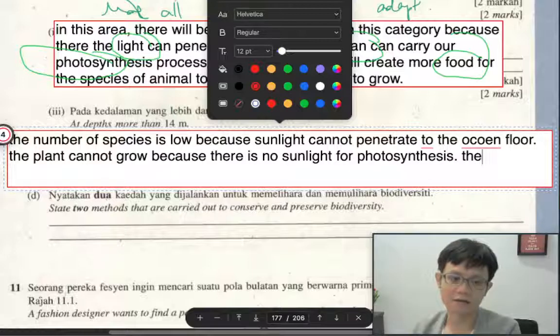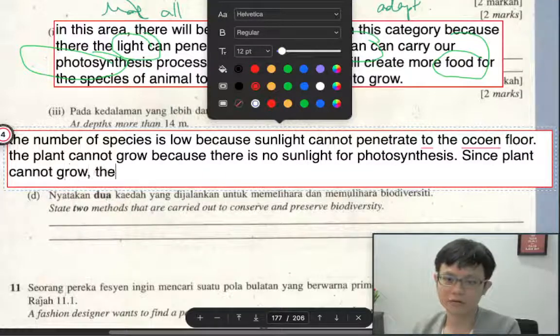Since plant cannot grow, there will be a shortage of food.